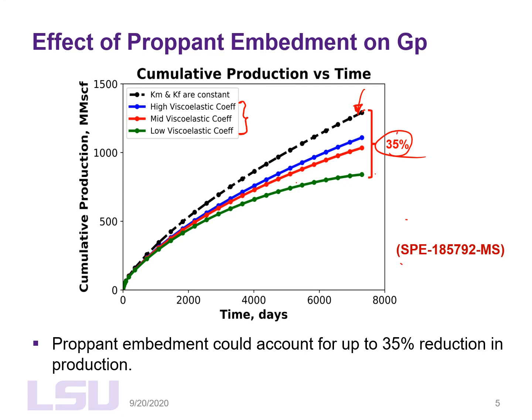And all of this is happening because your pore pressure is dropping, your effective stresses, which are compressive, are increasing, you're losing fracture conductivity because the fracture width is reducing, and then it translates directly to a loss in production.